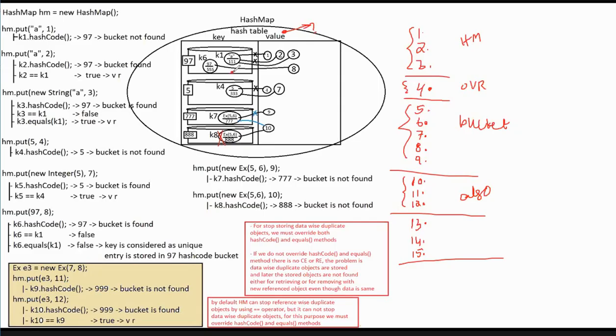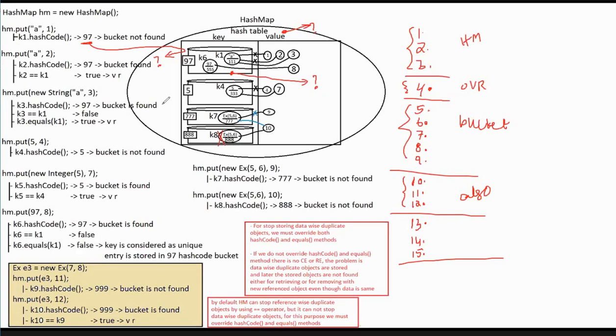Second question: how is this bucket memory structure implemented? Third question: based on the hash code number, how is it found whether the bucket is available or not? How is the bucket found? These are the 3 questions.